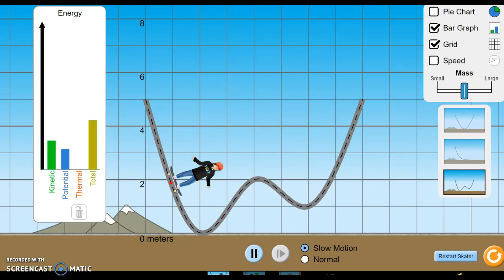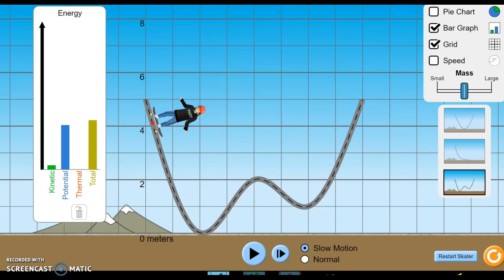You can see that as the skater rolls down this track, which has a lot of ups and downs, the bar graph shows what happens to the potential energy and the kinetic energy. Let's pause this and go step by step.